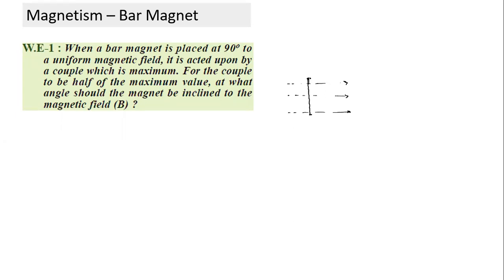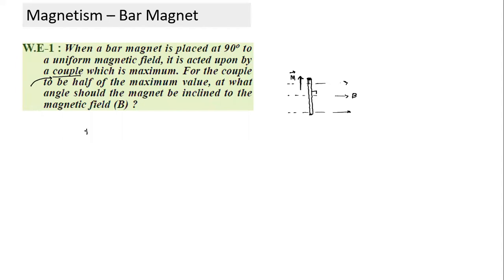This is the direction of field. In case of bar magnet, this is north, so we take the dipole moment orientation from south pole to north pole. At 90°, the couple is maximum. This question is related to torque.